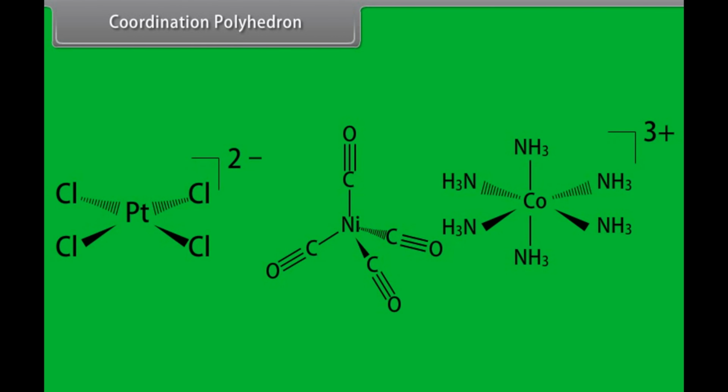For example, square planar polyhedra is observed in [PtCl4]2-. Tetrahedral polyhedra is observed in [Ni(CO)4]. And octahedral polyhedra is observed in [Co(NH3)6]3+.